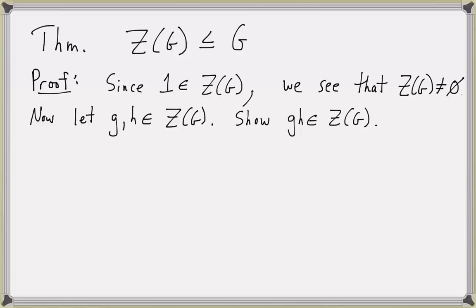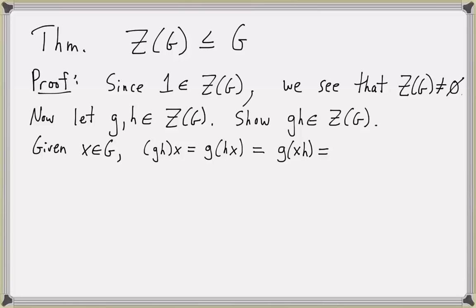Well, given any element x in G, gh times x is, by the associative property, equal to g times the product hx. And since h is in the center of G, h commutes with x, so this equals g times the product xh.